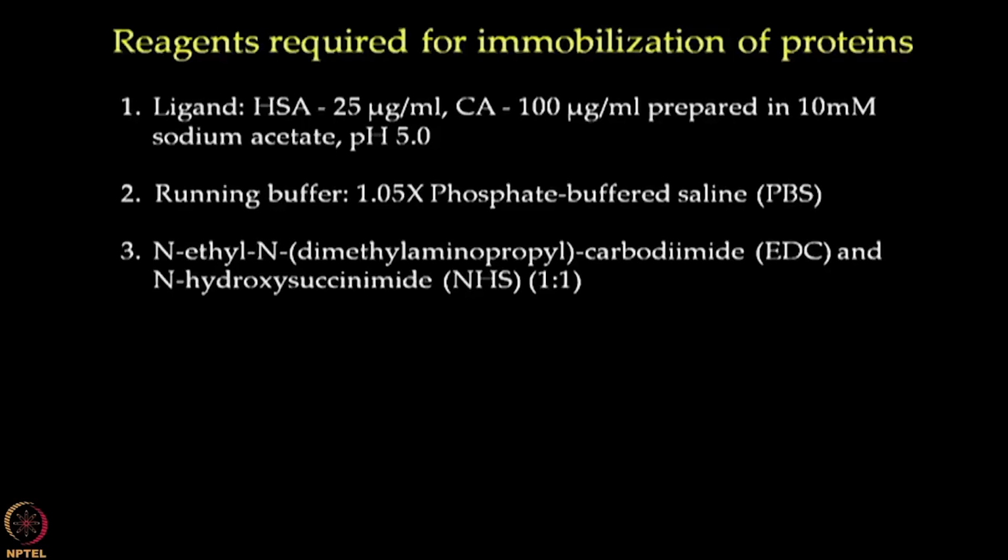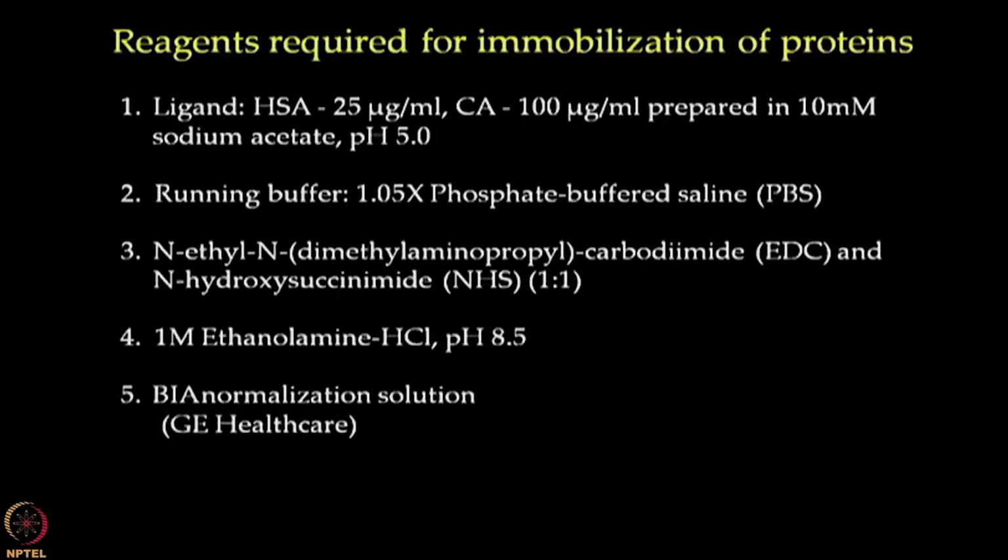EDC and NHS as prepared and suggested in the amine coupling kit for surface activation will be used in 1:1 ratio. 1 molar ethanolamine HCl pH 8.5 is prepared for blocking the free ester groups on the surface.